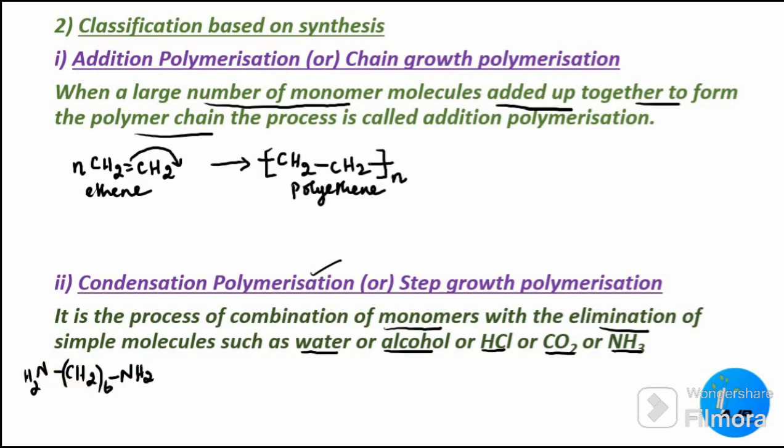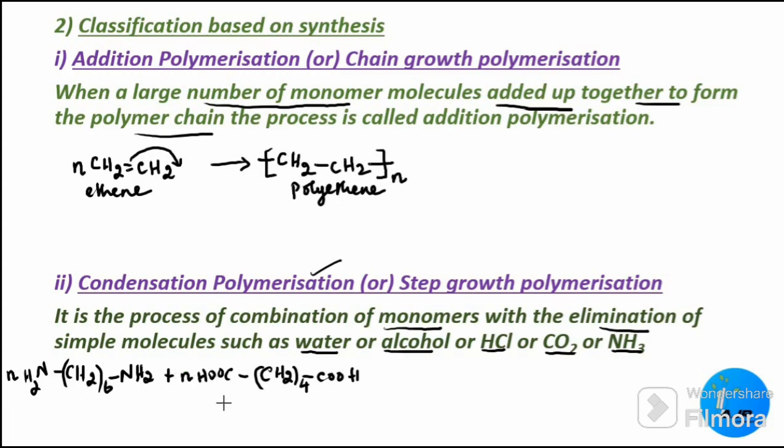This is hexamethylene diamine, with 6 methylene groups. This combines with adipic acid, HOOC-(CH2)4-COOH, with one COOH at each end. Obviously, you should write n molecules of hexamethylene diamine and n molecules of adipic acid combining.